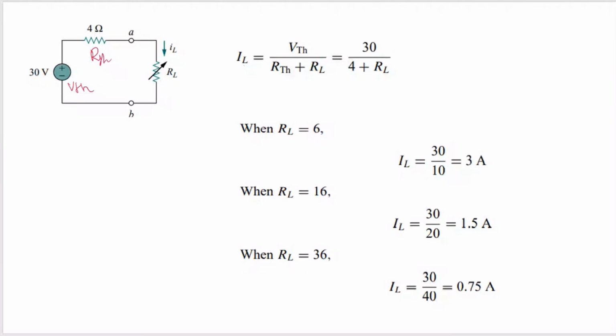So IL is equal to VTH divided by RTH plus RL, that is 30 divided by 4 plus RL. If RL is equal to 6, you get IL as 3 amperes. If RL is equal to 16, you get 1.5 amperes. If RL is equal to 36, you get 0.75 amperes.